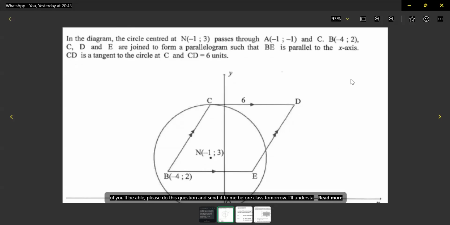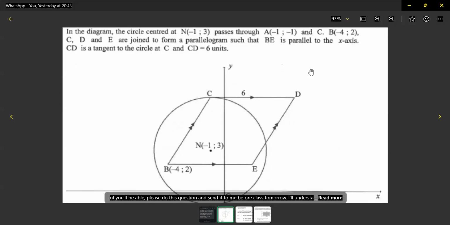Well, here they say to us, in the diagram, the circle centered at a point N passes through the points A and C. Now the points B, C, D, and E are joined to form a parallelogram such that BE is parallel to the x-axis. Now, what is the meaning of BE is parallel to the x-axis?